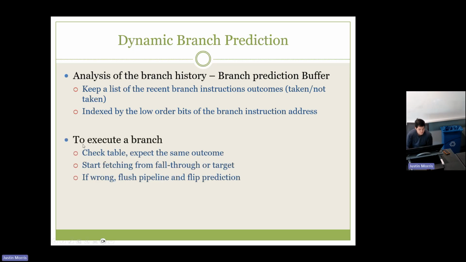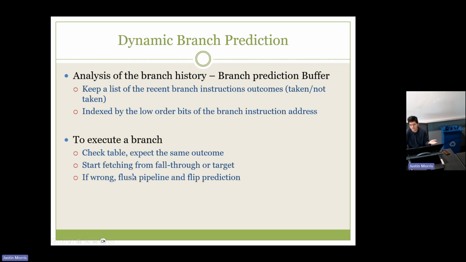So to execute a branch instruction, we check the table, see what the expected outcome is based on the history, and then that's what we predict. And we start fetching based on that prediction. And then in the next clock cycle, when we resolve the branch, if we're wrong, we can flush and fetch the correct instruction.